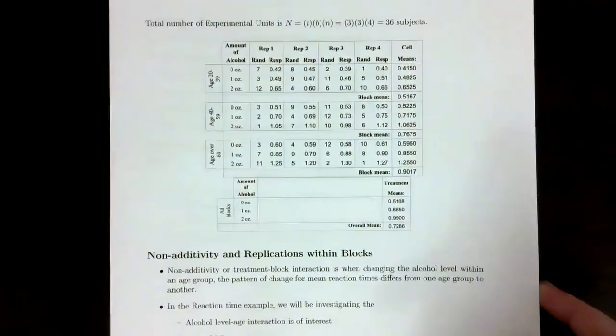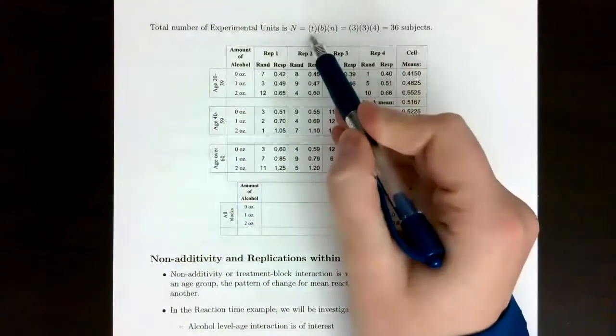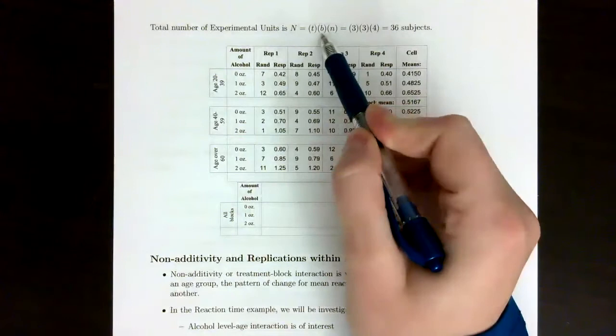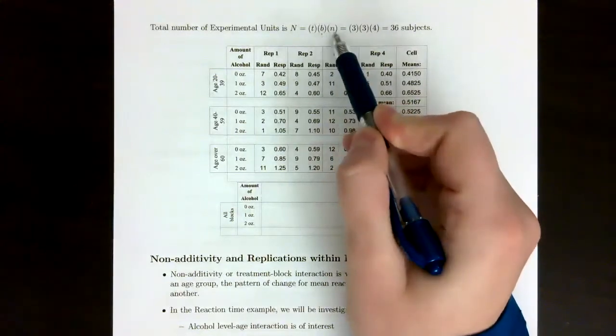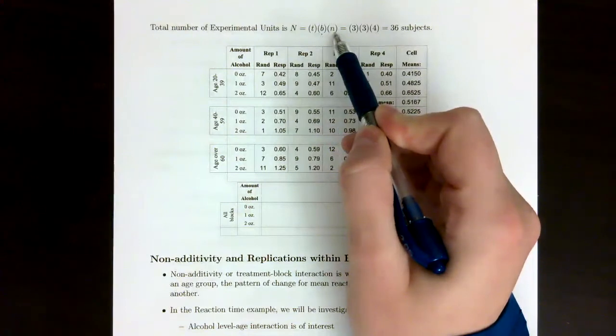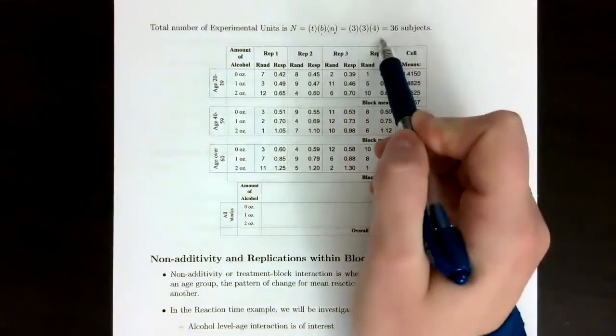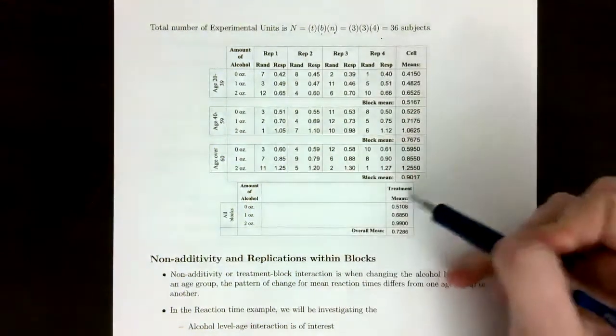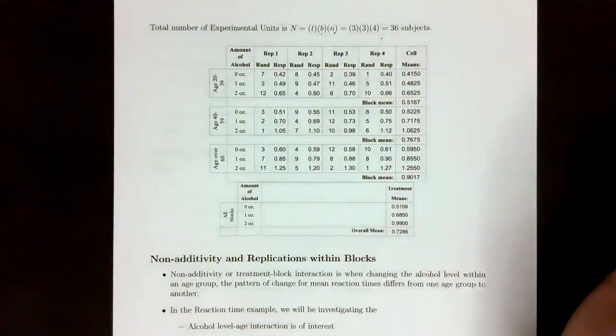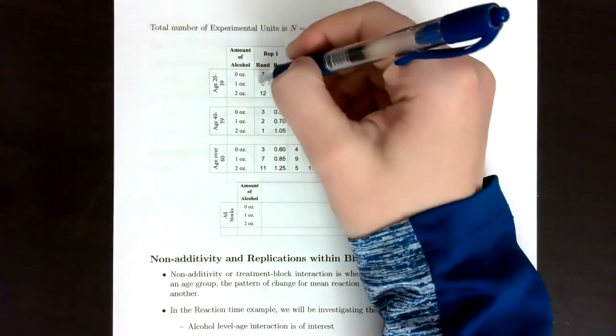So our total number of experimental units would be 36 because it's our number of treatments, which is 3, times our blocks, which is 3, times our number of replicates per block per treatment, which is 4. So we have 36. And here's our data and what it looks like. This column right here is how they randomized it.